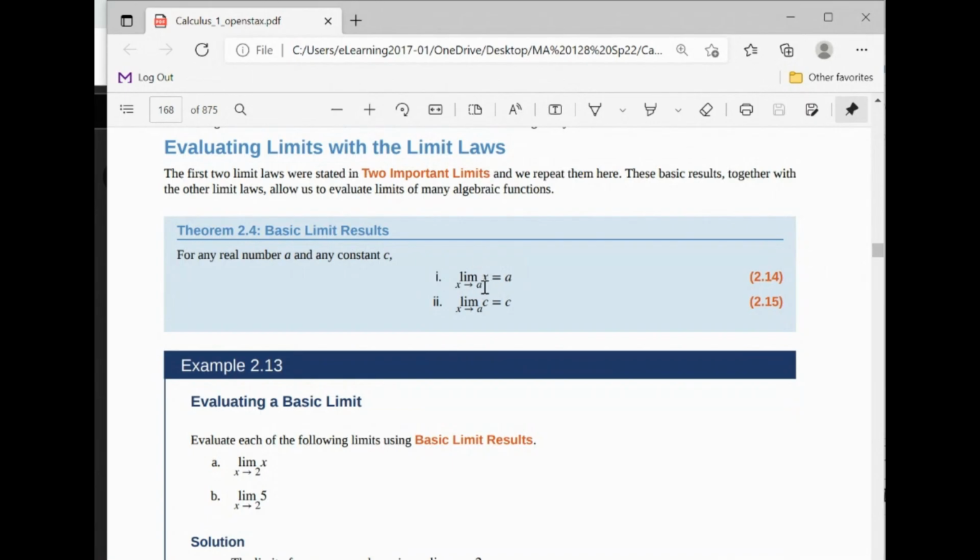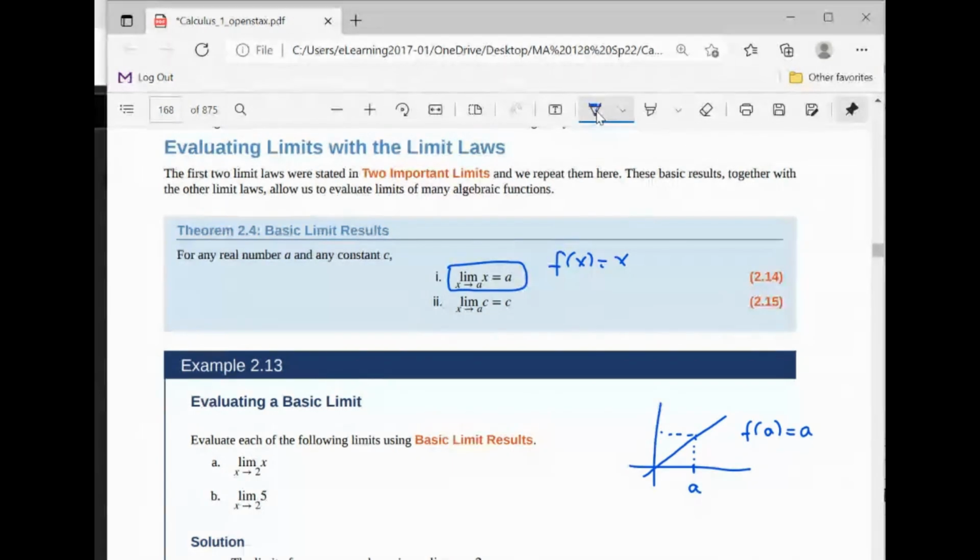If you take x as the function, so f of x equals x itself. Let me just type it here. So if you take the function f of x, just the x function, and you draw the graph of it, at any point a, this is defined, right? F of a will be itself, which is a.